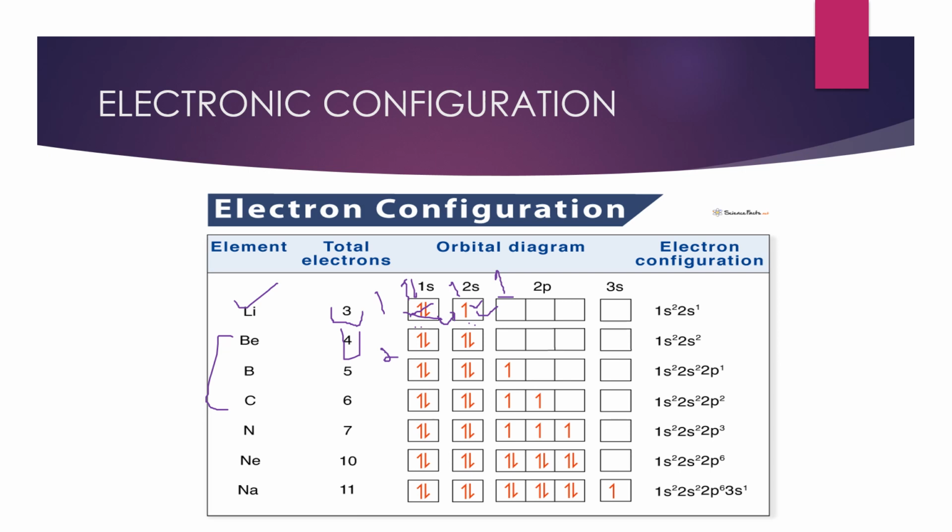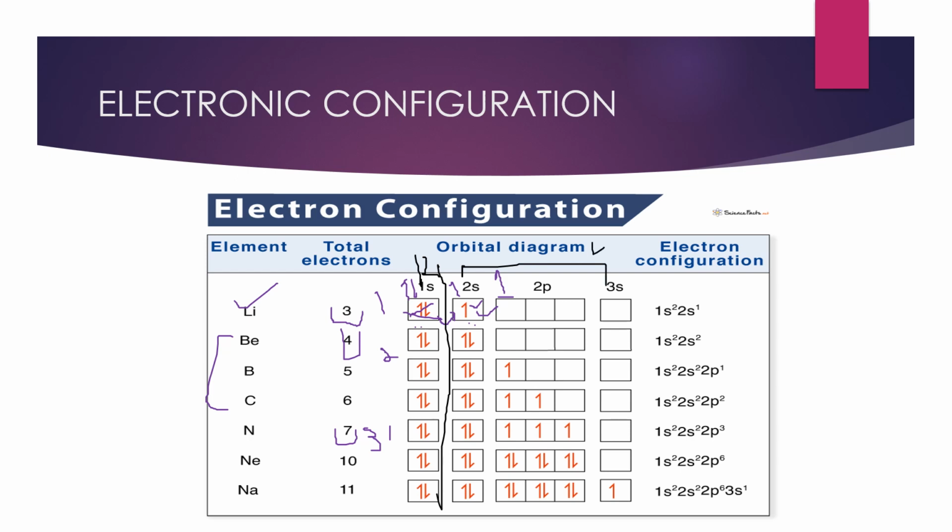So here nitrogen has 7 electrons. Like we have 3 pairs. You can simply write it like that, and 1 axis. So how will we make it? First of all, we all know that if we are talking about the K shell, let me just show you. Now this is the K shell, and these all are in the L shell.